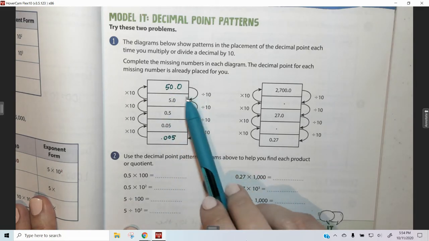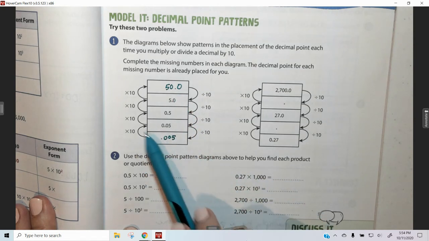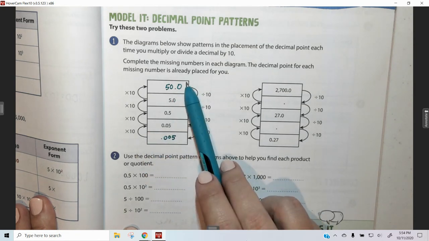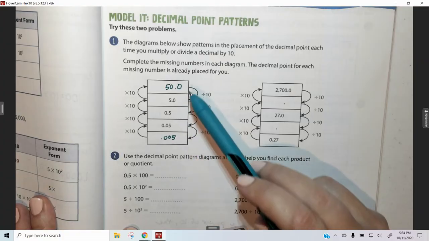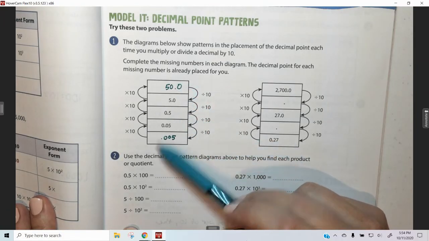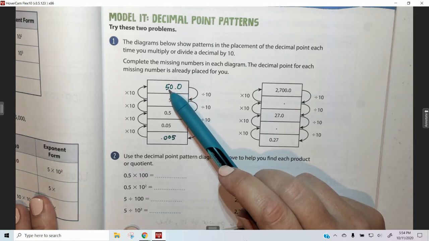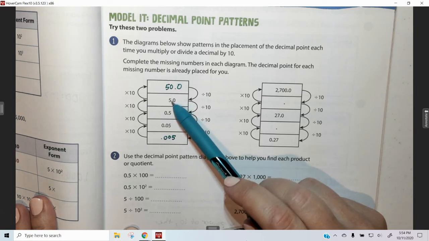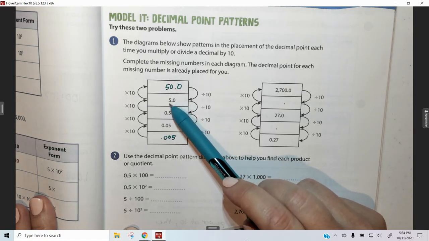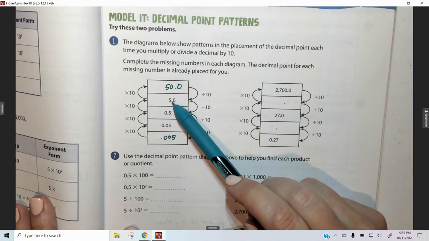And the decimal shifts to the right when you multiply, and it shifts to the left when you divide. So 50 divided by 10, that decimal point shifts over one place to get 5.